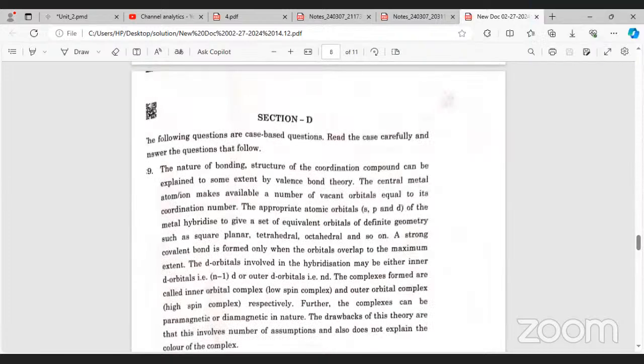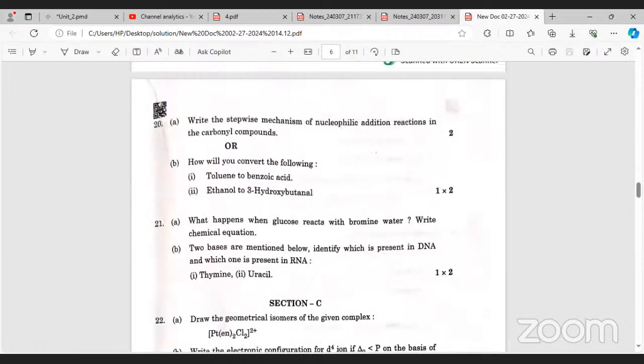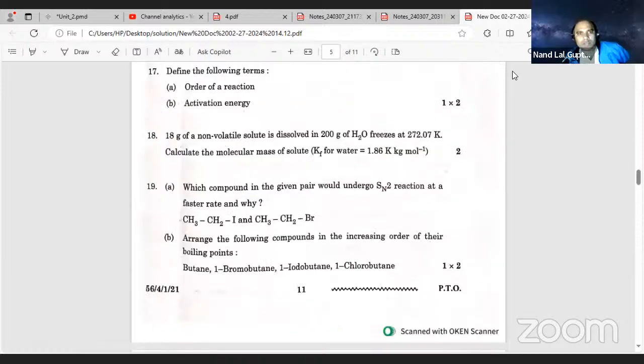Calculate the molecular mass of the solute. This is this year's question paper, question number 18. This is also a second type question.